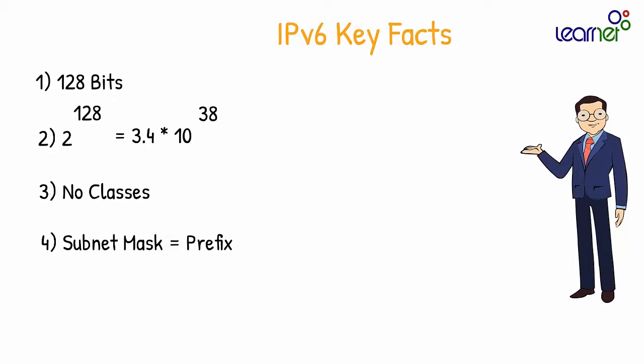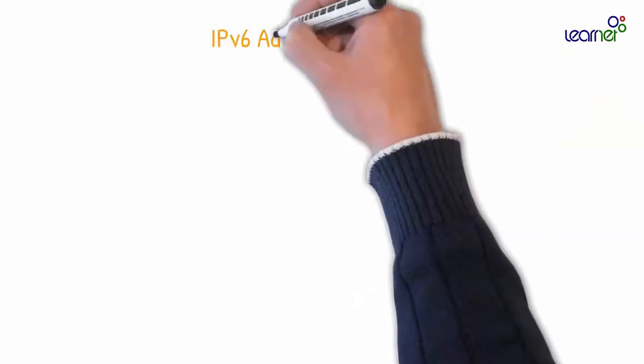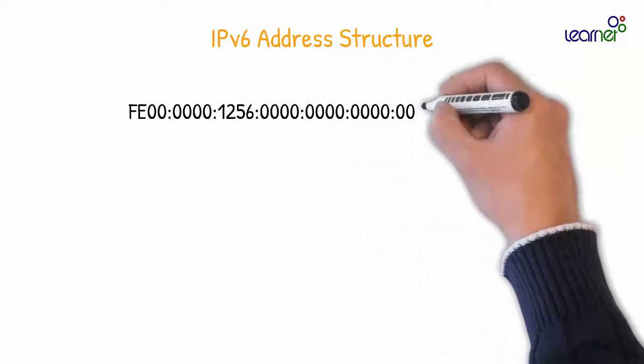In IP version 6, we use a subnet mask with the same application and same concepts, but the name has been changed to prefix. And finally, the only way we can show IP version 6 addresses is prefix notation. So we just write down the IP address / the number of subnet mask or prefix bits. That's it. This is how we present an IP version 6 address.